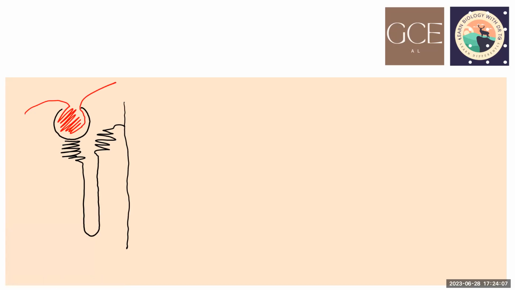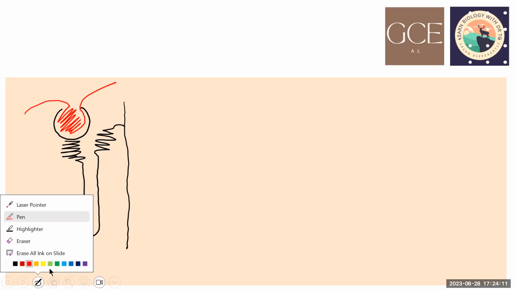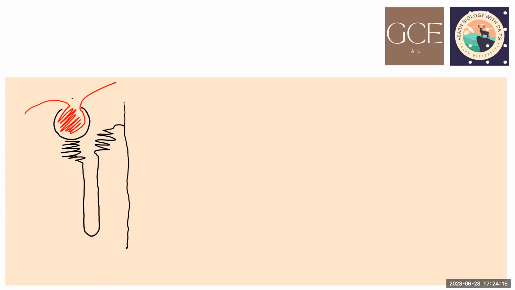This is the nephron. Now we try to see the arrangement of this nephron in this place: afferent, efferent, and glomerulus.